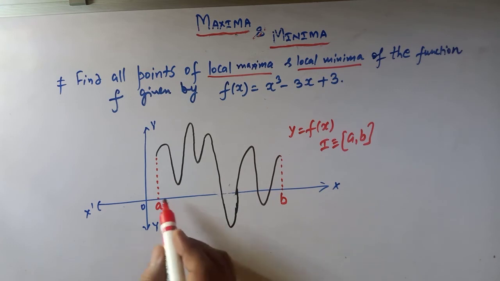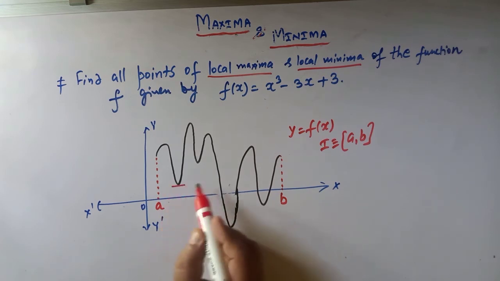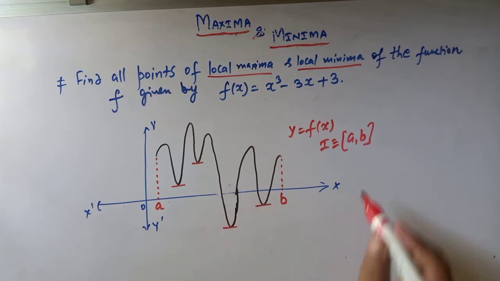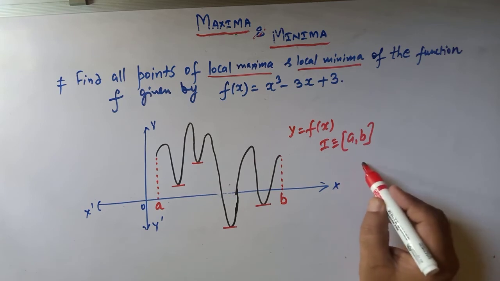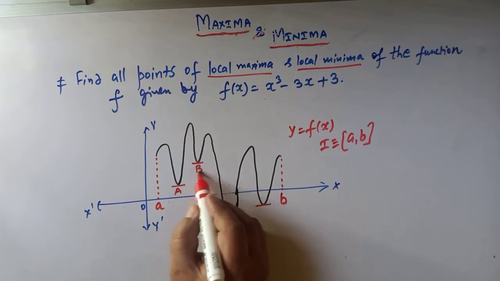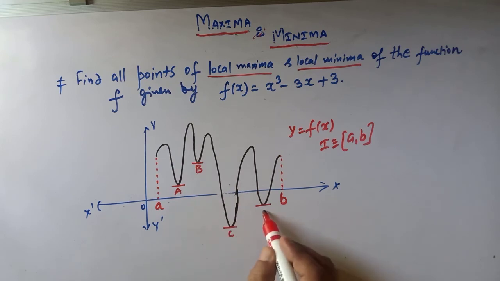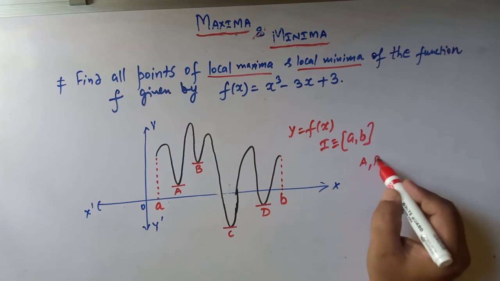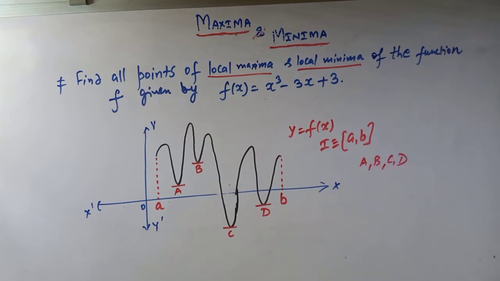The low points are these. Say this point is A, this point is B, this point is C, this point is D. So A, B, C and D are the minimum points.